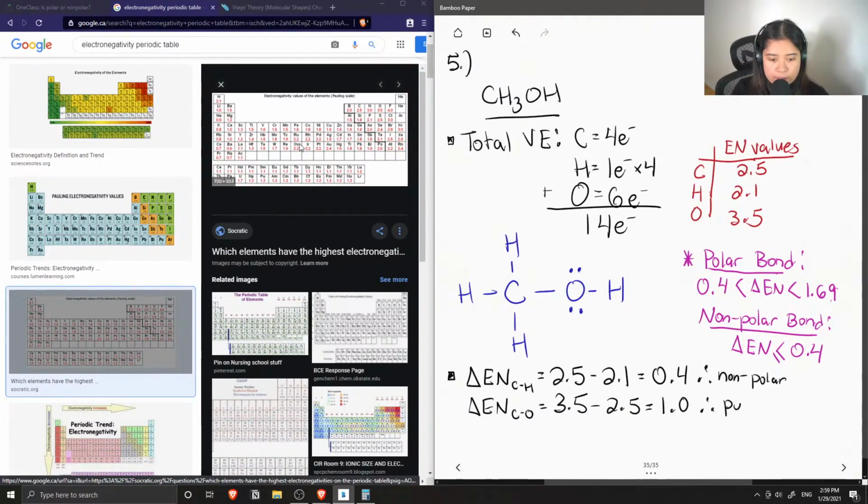So therefore this is a polar bond. And we can do the same thing for the oxygen and hydrogen bond. 3.5 minus 2.1 is even more polar, so it's 1.4.